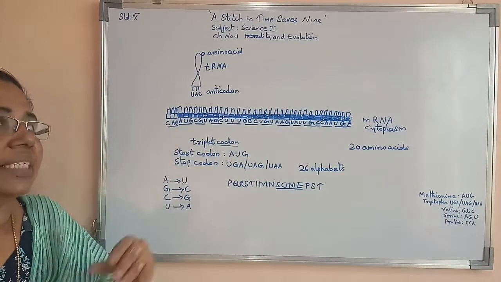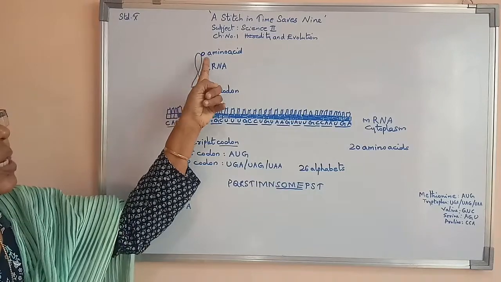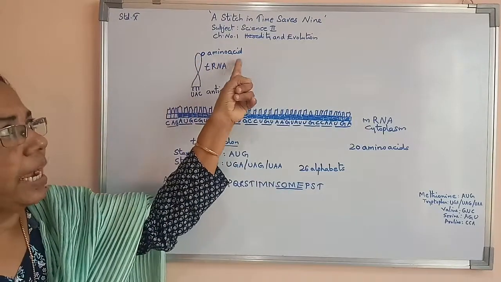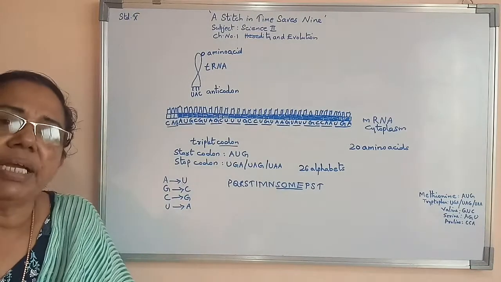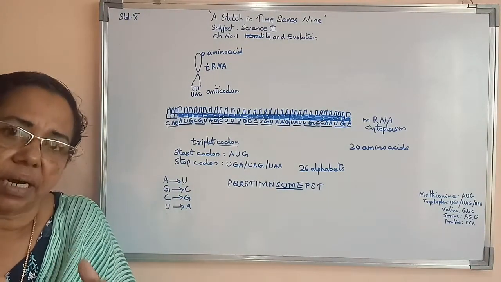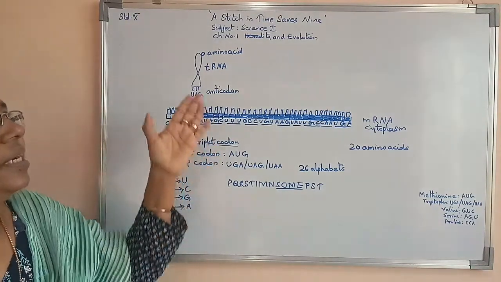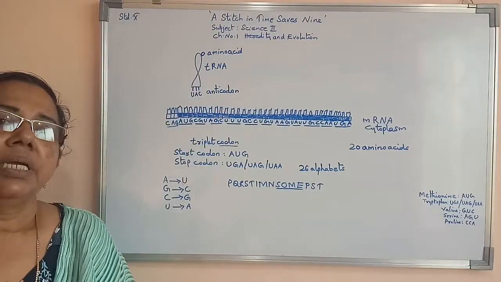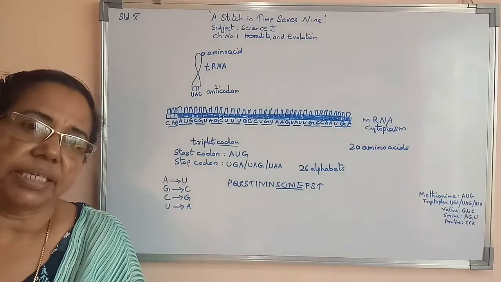First it goes to the transfer RNA, which transfers the amino acid, but it will be along with the ribosome, and this transfer RNA helps in protein synthesis.